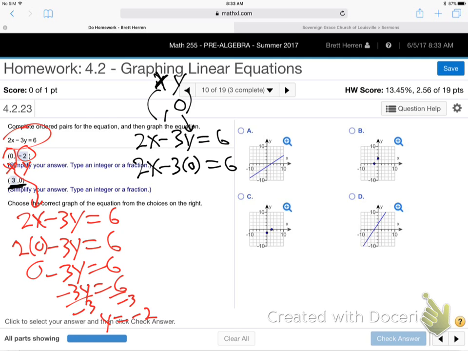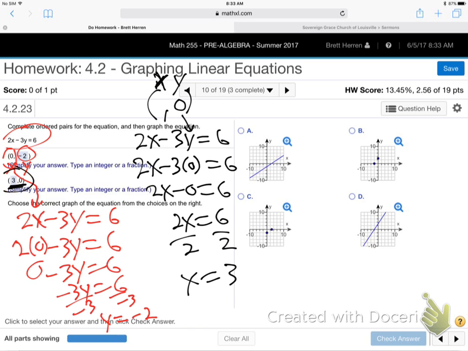Three times 0? 0, so it's 2x is 6. Good, right? 2x take away nothing. And then how do you solve for x? Divide by the 2. x is 3. So that's how I got the 3, 0.